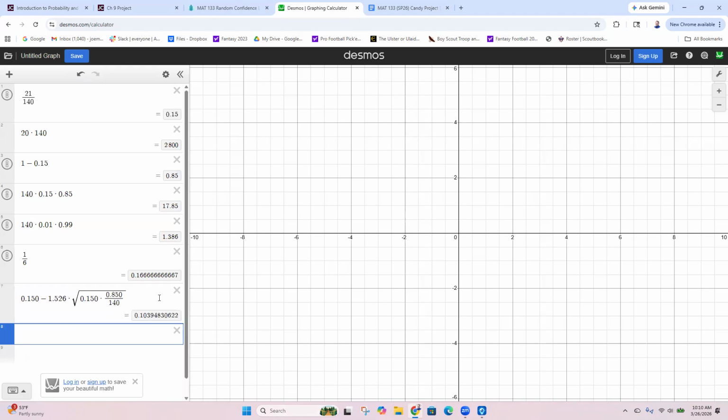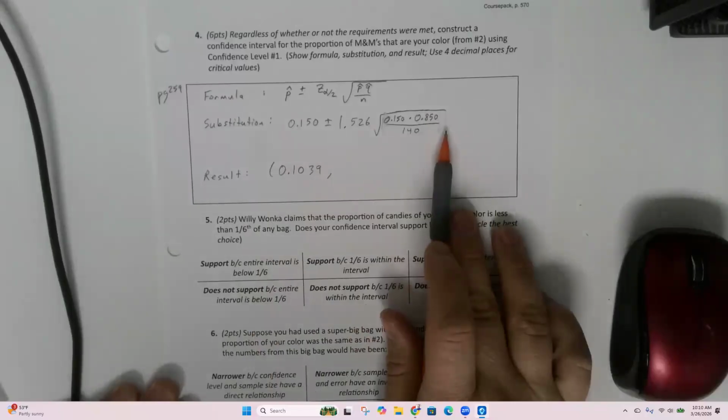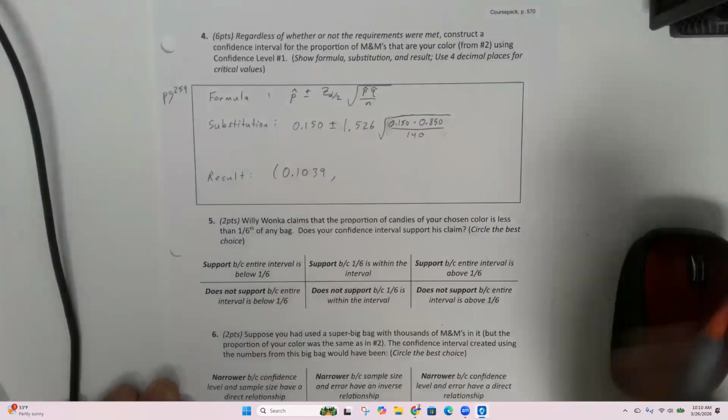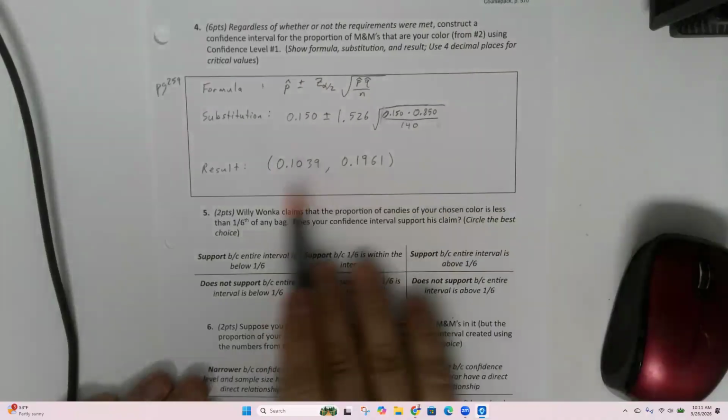My lower limit is 0.1039. You just type that all in; you don't need to show work or anything. I did the minus first. If you go back up and change your minus to a plus, that will give you your upper limit, which in my case is 0.1961. And that's my upper and lower limit.